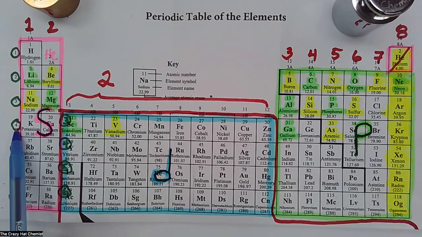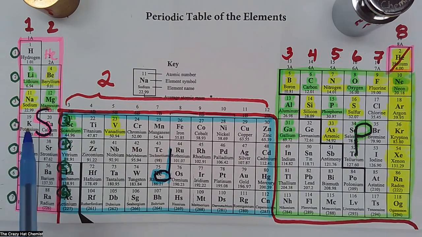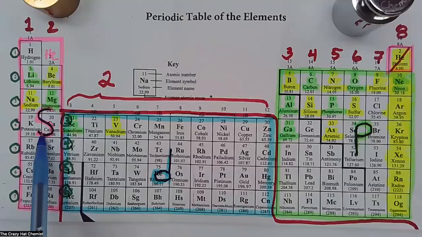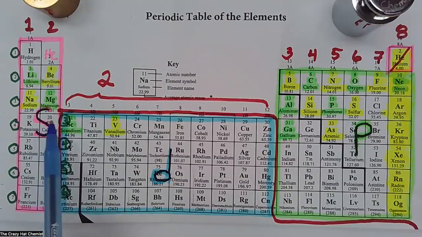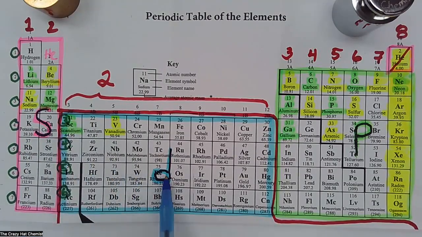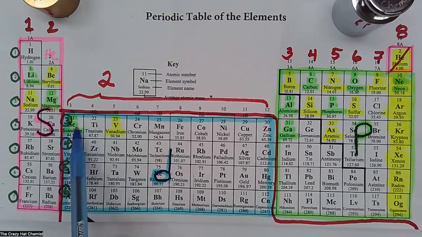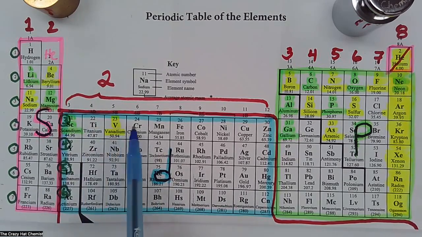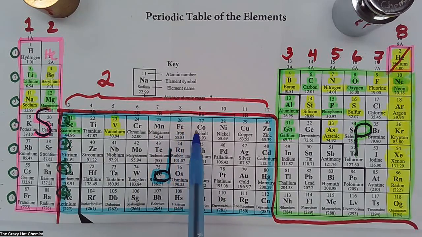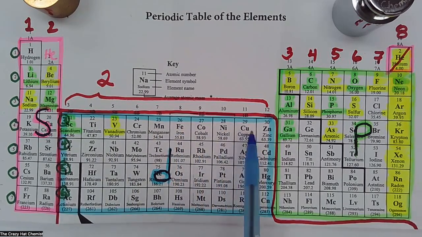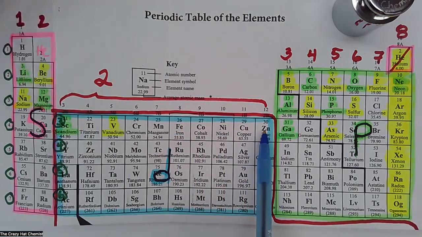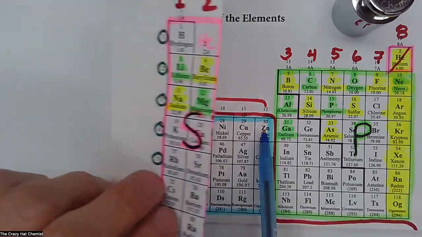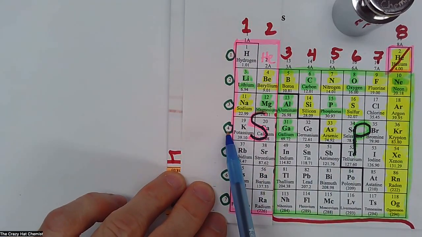Then it's going to be floor level 4s. So 4s, 1, 2. Then it's 3d, 1, 2, 3, 4, 5, 6, 7, 8, 9, and 10. And then finally, it's going to be 4p1.